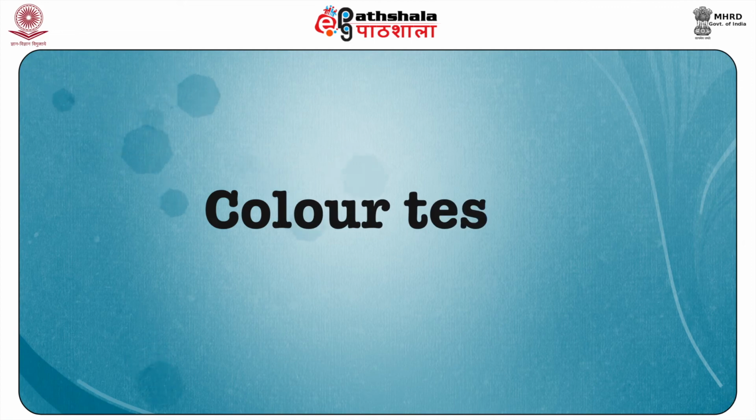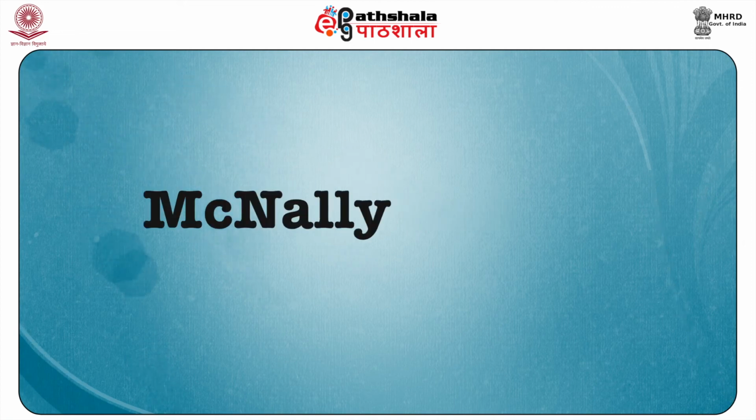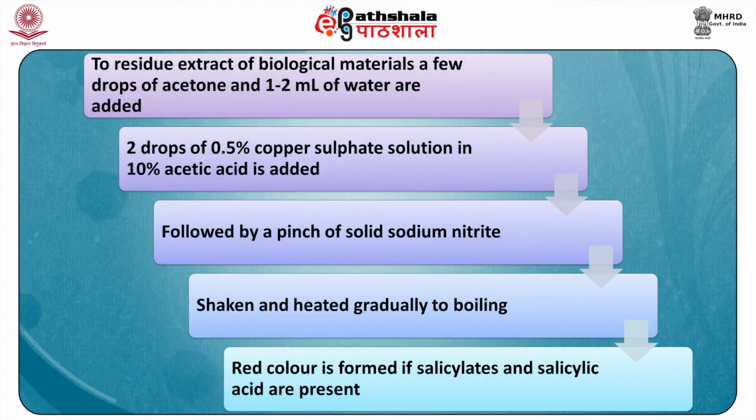So, coming to the color test, first there is McNally's test, and how is this test conducted? To the residue of the extract of biological materials, a few drops of acetone and 1 to 2 ml of water are added. After that, 2 drops of 0.5% copper sulfate solution in 10% acetic acid are added, followed by a pinch of solid sodium nitrite.